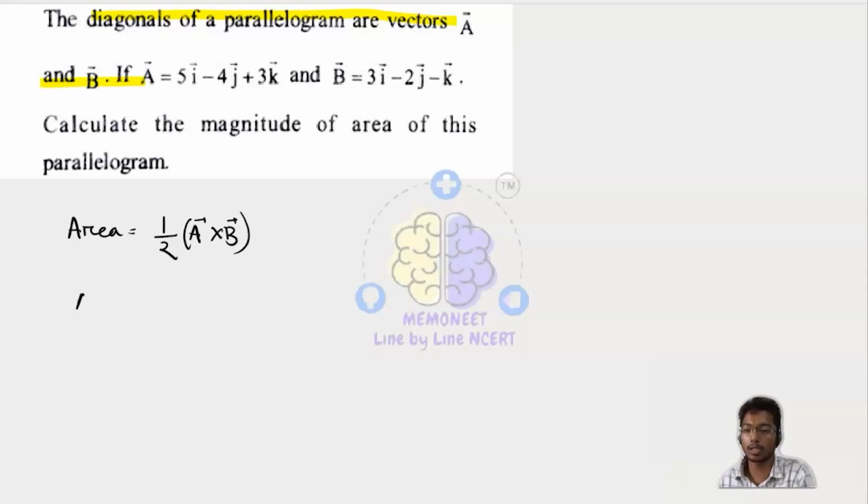So let's find a vector cross b vector, that is equal to i j k, 5, minus 4, 3, and 3, minus 2, minus 1.